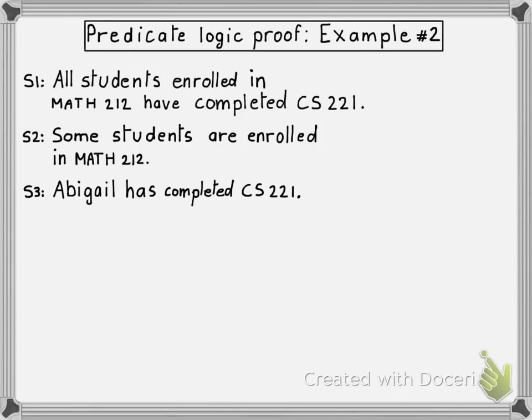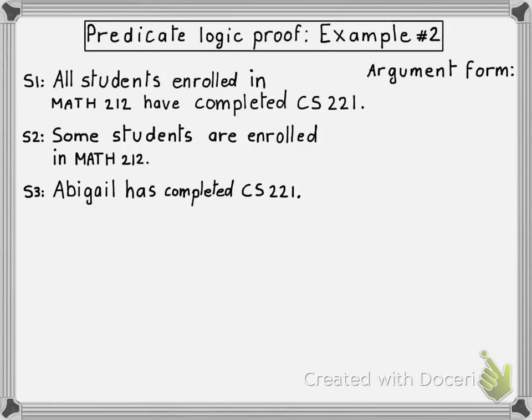The first step in studying this argument is to convert it to logic. In other words, to exhibit its structure, or the form of the argument, in logic. S1 is one of those common statements that says all students have done so and so, so it's going to be a for all statement.